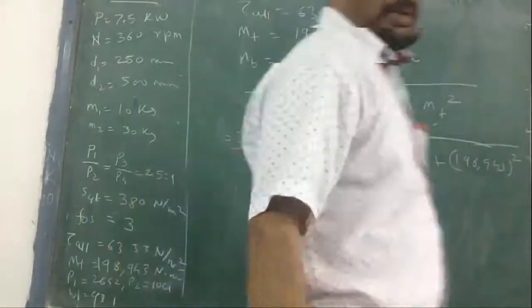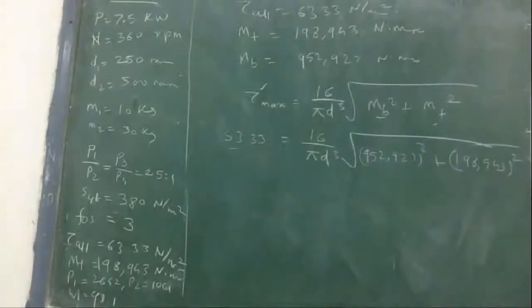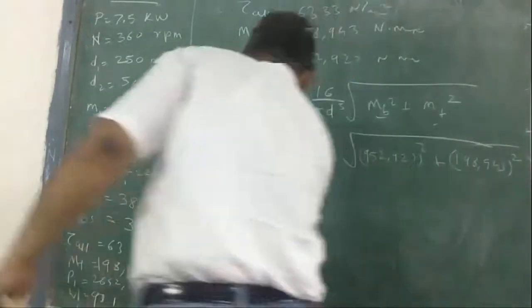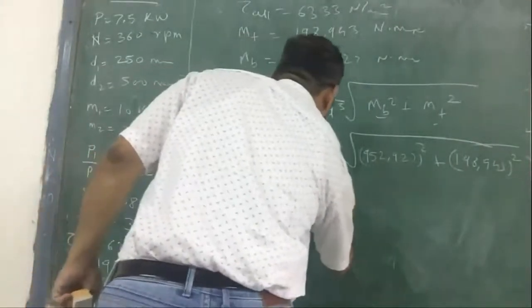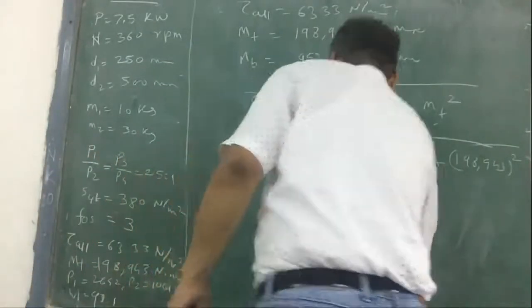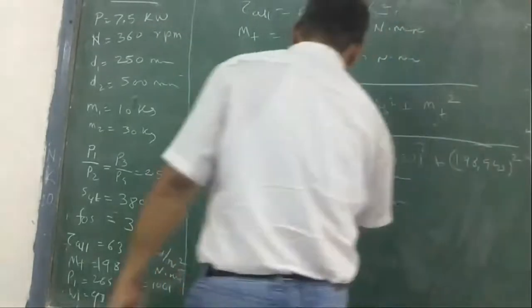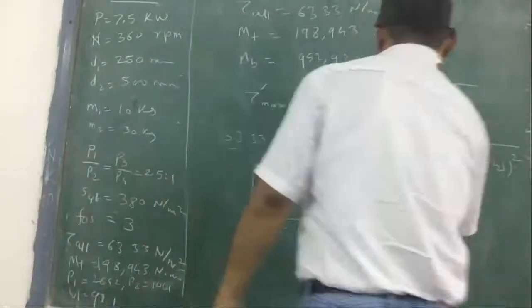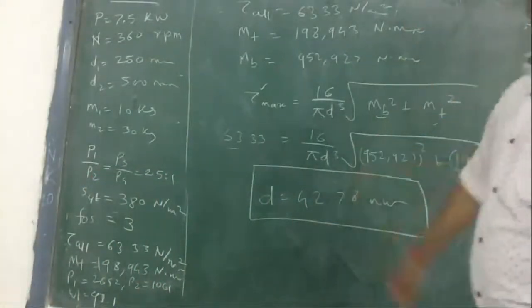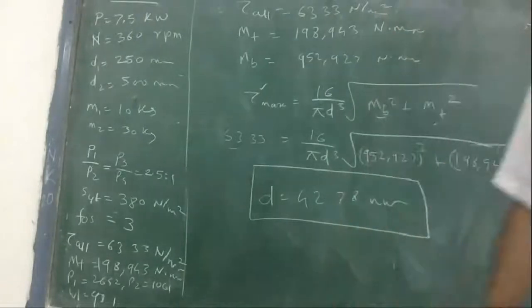Calculate it. Now do the calculation for D. We will get D equal to 42.78 mm. So this is the diameter of the shaft required using the maximum shear stress theory.